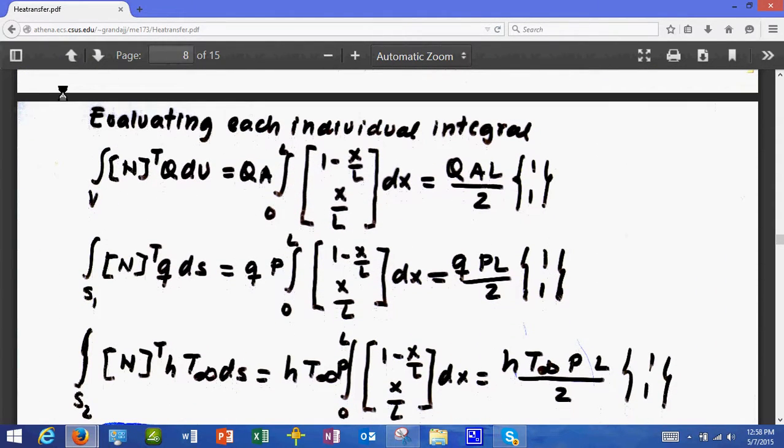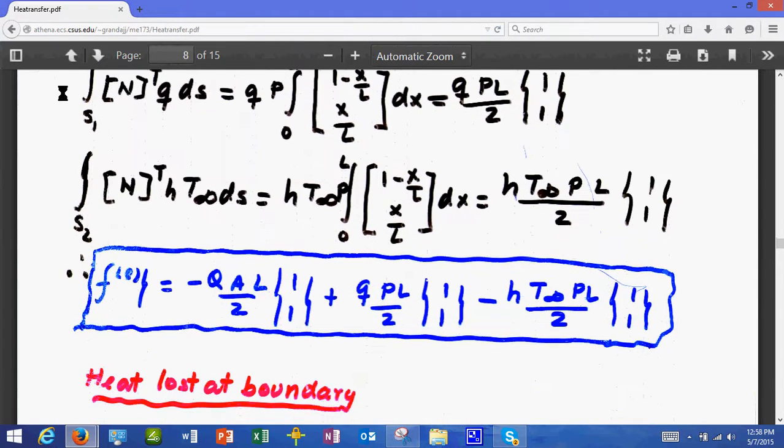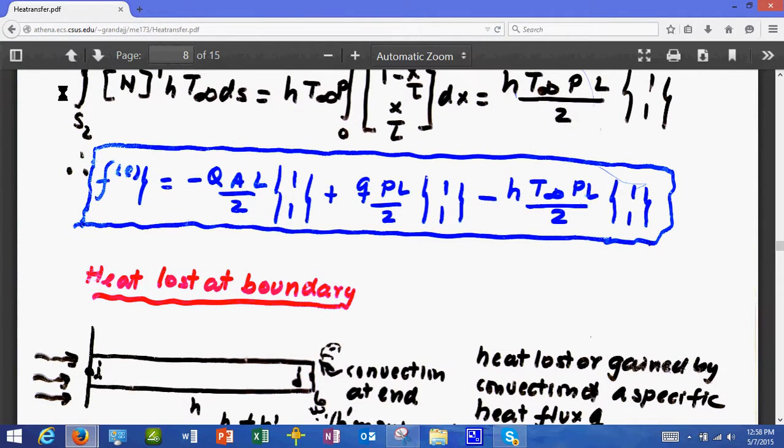This is to evaluate each one of the integrals there, and finally come up with this. The ones in blue contain the global stiffness matrix, and this is for convection and this for conduction.